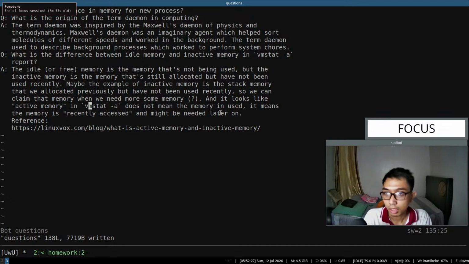Yeah, maybe the active memory, maybe the heap memory is considered active memory, something like that. So we just recently accessed the heap memory, but it is not in use, or might not be in use or something like that.